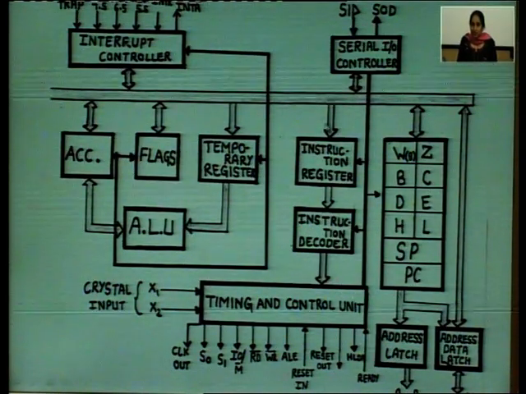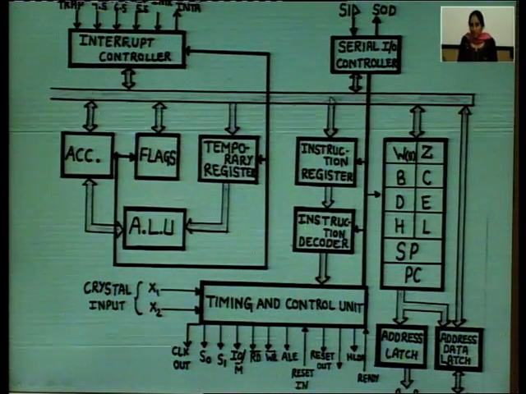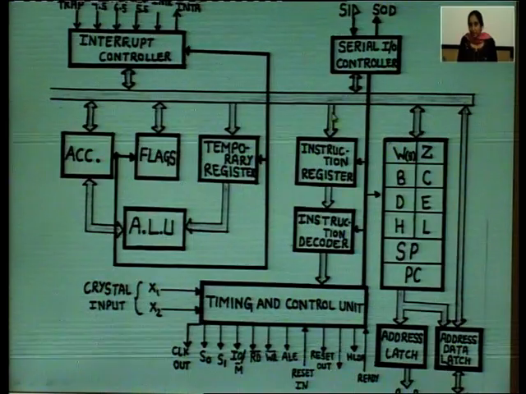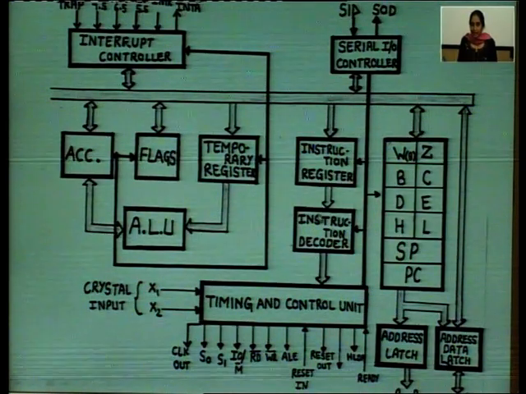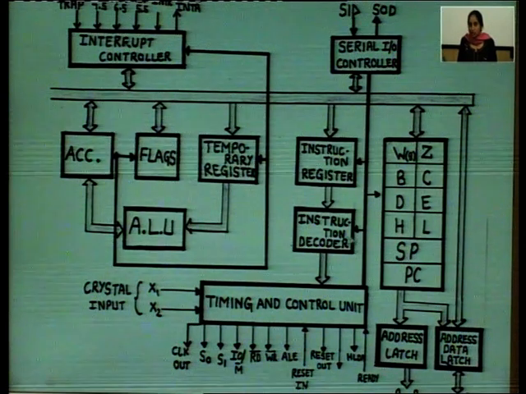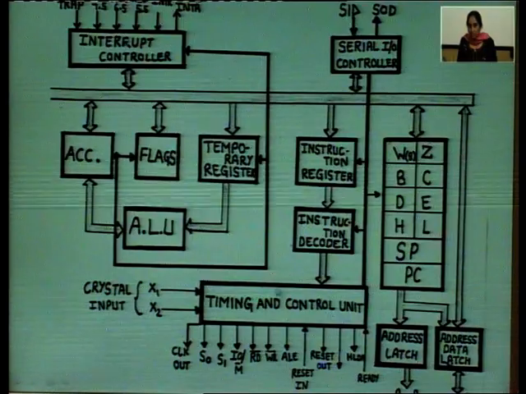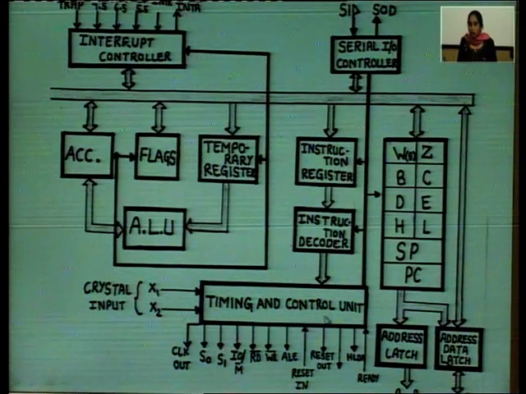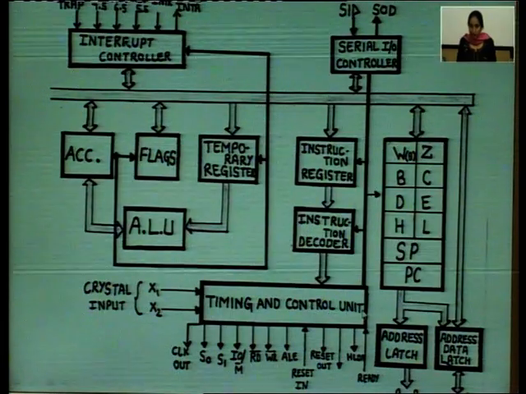Whenever an instruction is to be executed, it is read from the memory and it comes into the instruction register. After that, it goes into the instruction decoder. Here the instruction is decoded and according to this, various timing and control signals are generated by the timing and control unit.